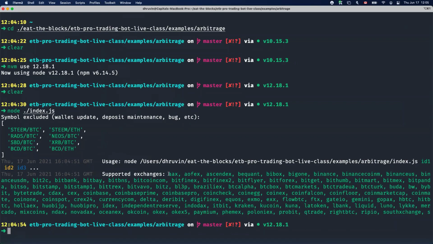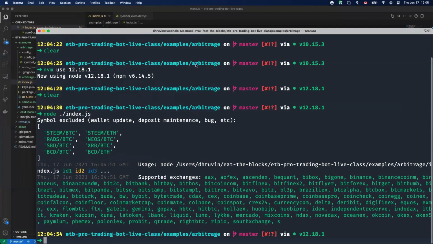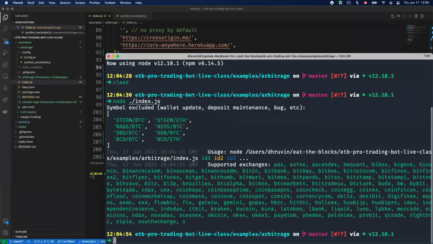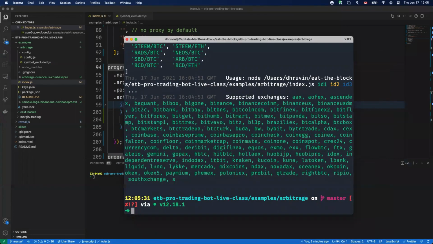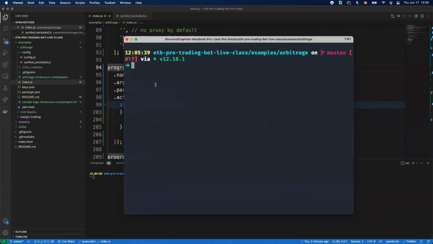If you want to do arbitrage, make sure you are dealing with greater than or equal to 2 exchanges, because for arbitrage, the foremost requirement is you should have funds in the exchanges which you would like to work on. All right, so that's one thing.